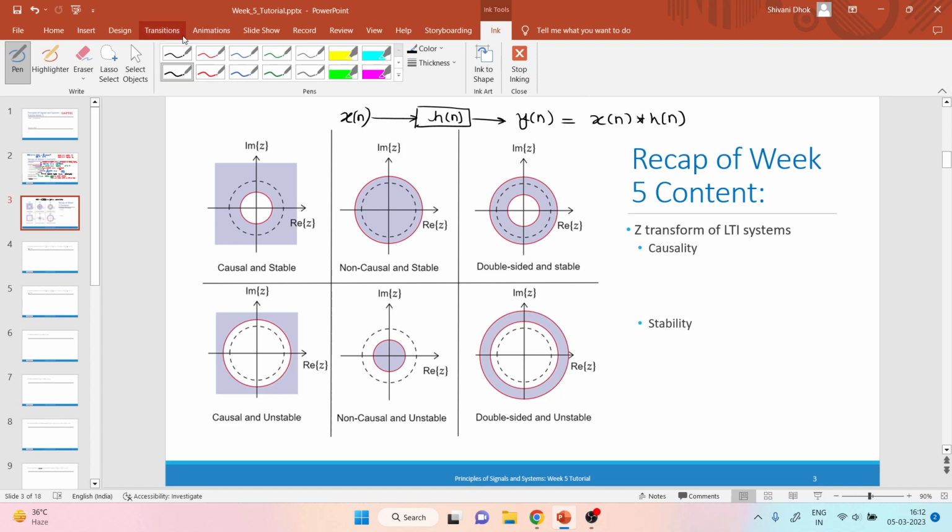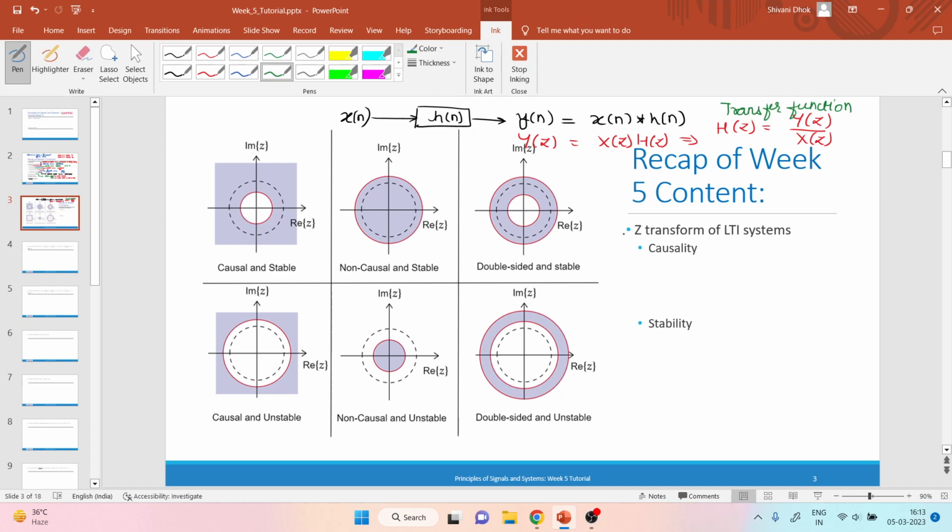And if we look at the time convolution property, then Y of z is equal to X of z into H of z, which implies that H of z is equal to Y of z divided by X of z, and this H of z, that is Y of z by X of z, is known as the transfer function of any LTI system with impulse response h of n.